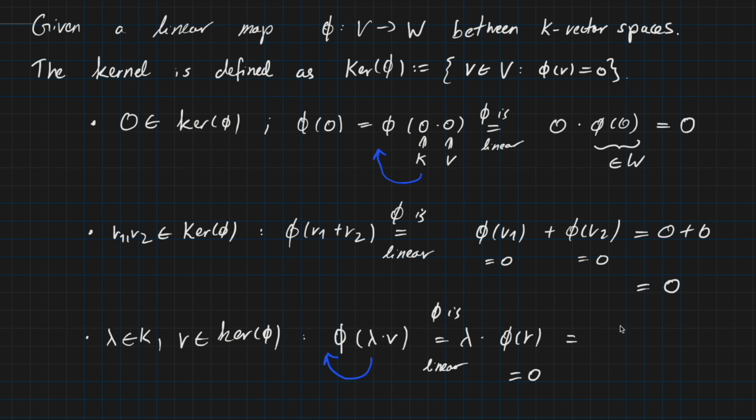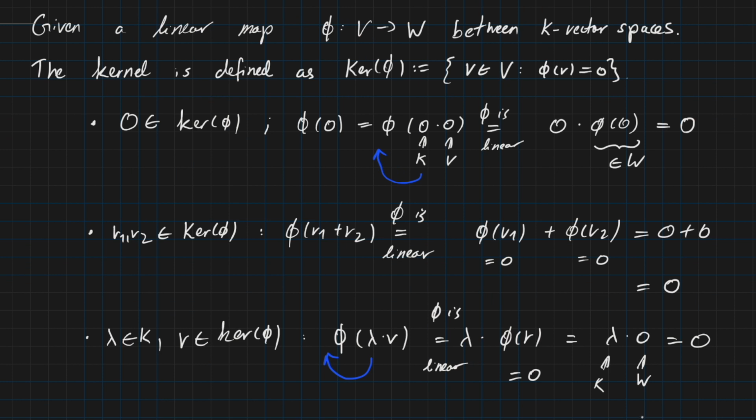So we have lambda times 0. And because 0 is part of the vector space W, and lambda is part of the field K, and W is a K vector space, this equals exactly 0. So we see that the kernel is also closed under scalar multiplication of the field K.